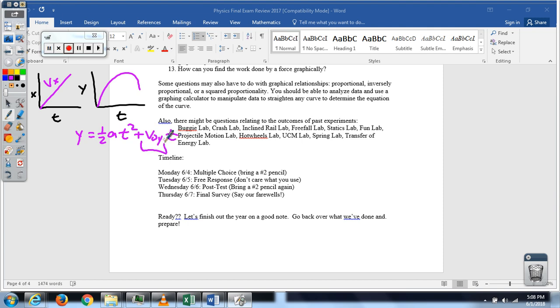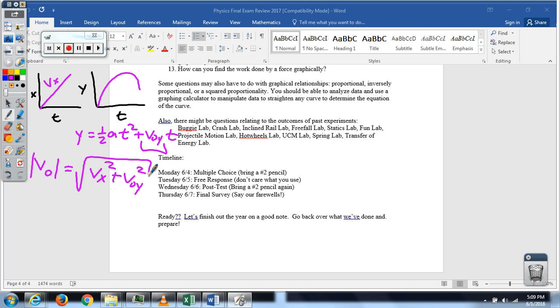So we were able to use a quad reg option on the calculator that provided us with even this V0y term. And so we could even have looked at what the initial speed of the ball was by taking our Vx squared plus V0y squared. So that's what we did for the projectile motion lab.